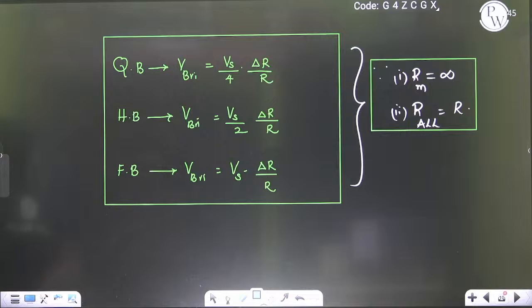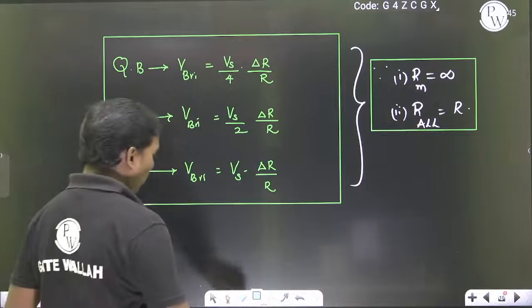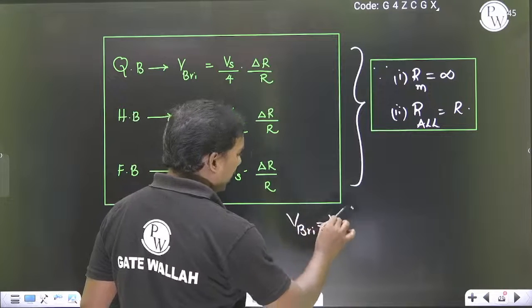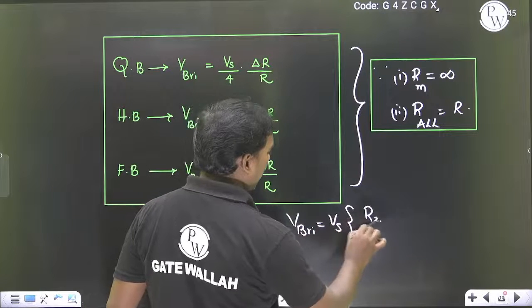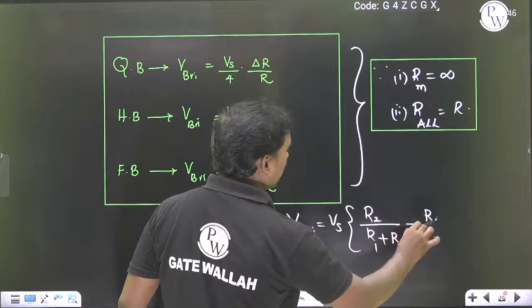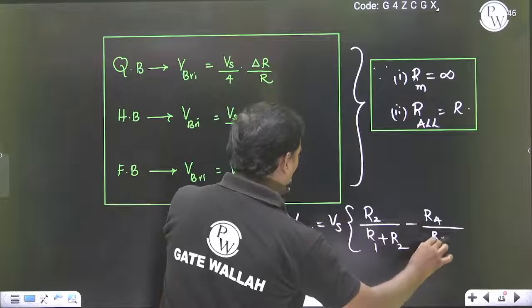Sir, can I just use the V bridge generalized formula to define voltage if any resistance changes, instead of using the quarter formula? Yes, the generalized formula is that only. These all are derived from the generalized formula only, Rafsan. R2 by R1 plus R2 minus R4 by R3 plus R4.